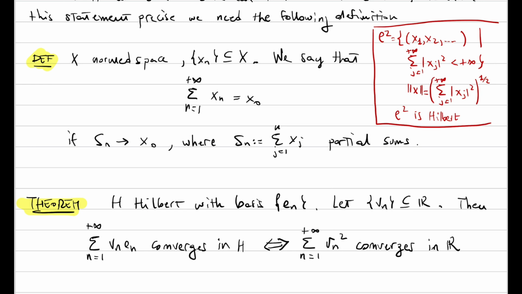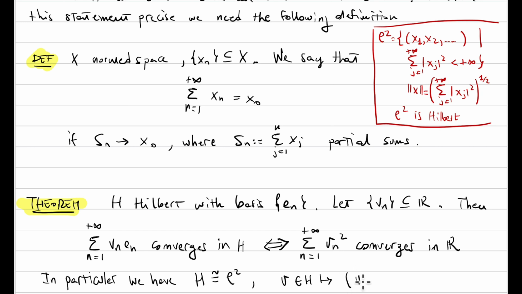And in particular, as a corollary that I didn't write, we have that H is isomorphic to L2, where the isomorphism is given by the map that sends a vector v in H into the sequence of its components.